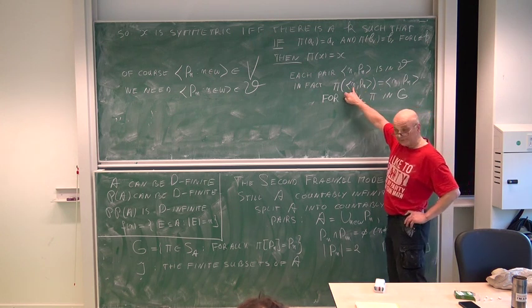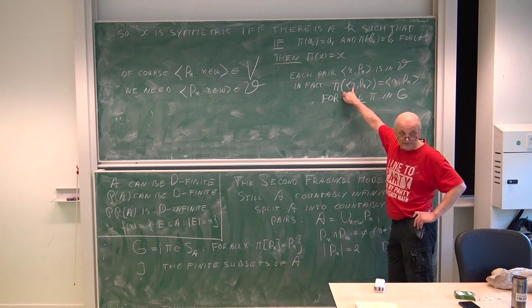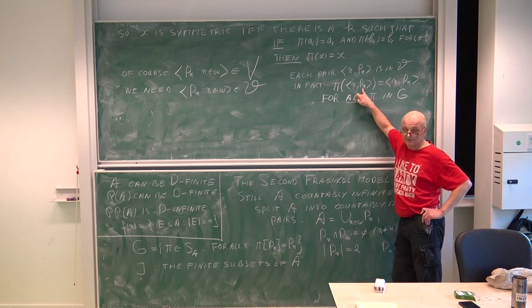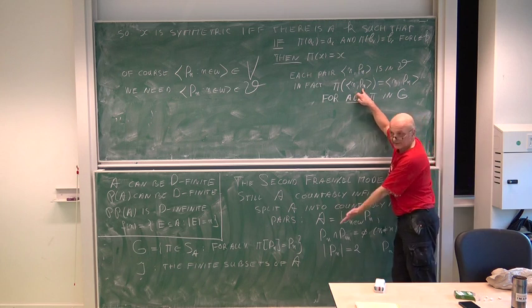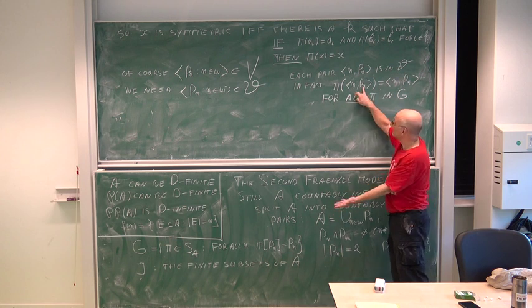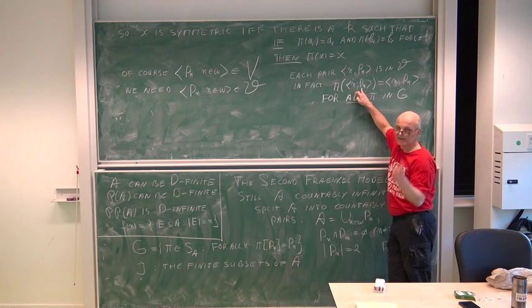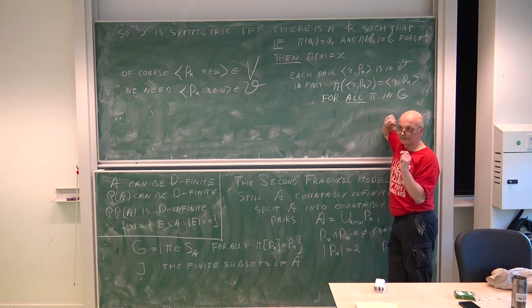Why? Well, every permutation keeps n in its place, but by definition, the pi of Pn is equal to Pn. Because we are sitting in the group that leaves all the p's in their place. It might flip them, but the pi of Pn is always Pn again.